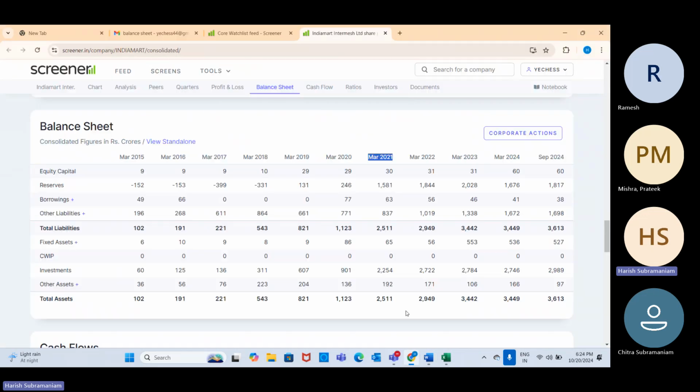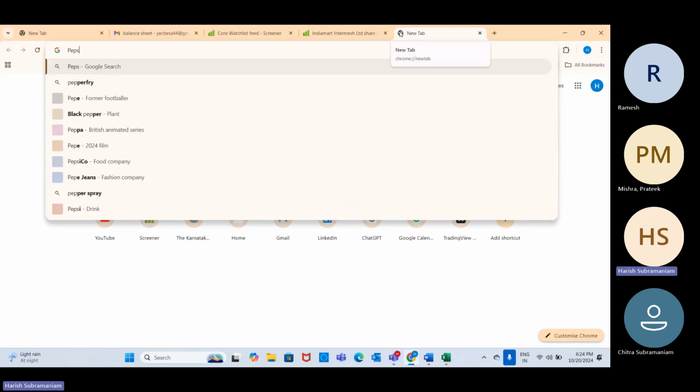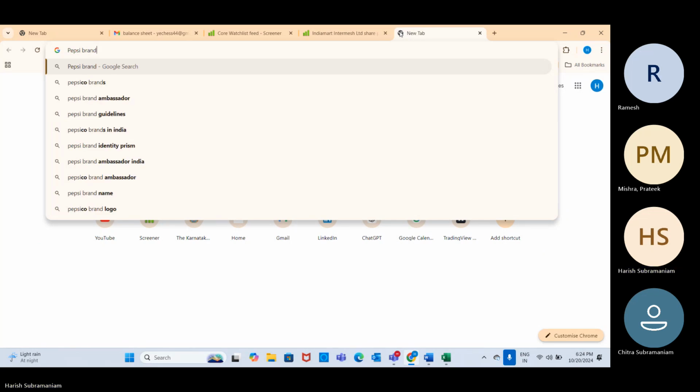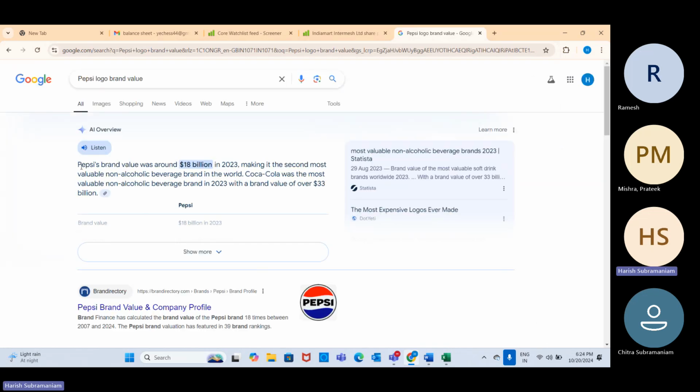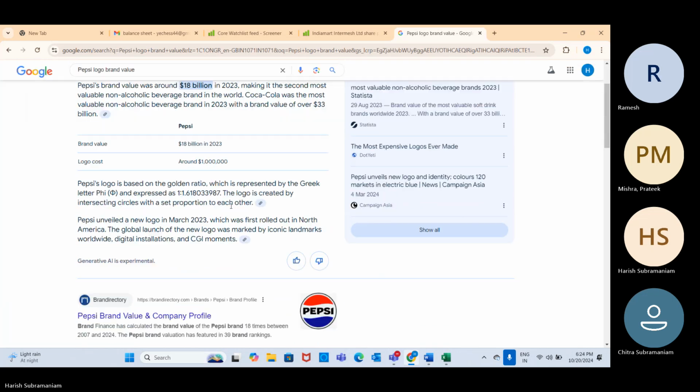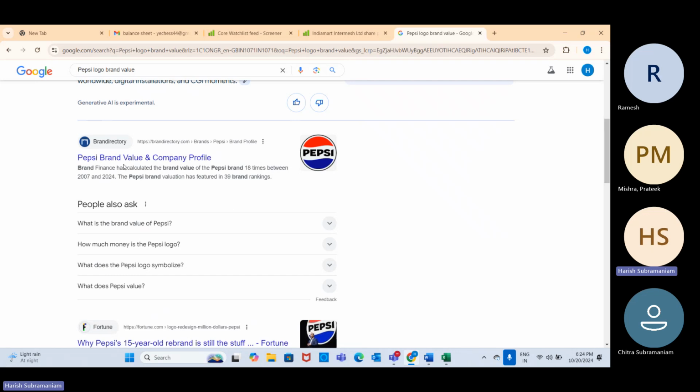So if we look at, let's just see this Pepsi brand. We can see here the brand value of the Pepsi brand has been calculated, and this is the kind of brand that it has.